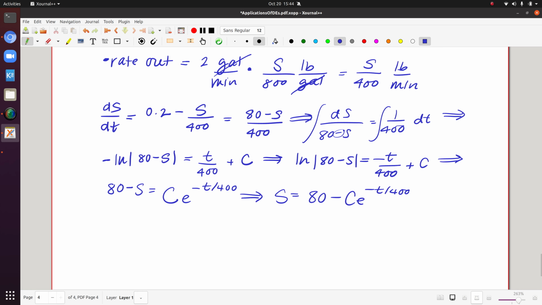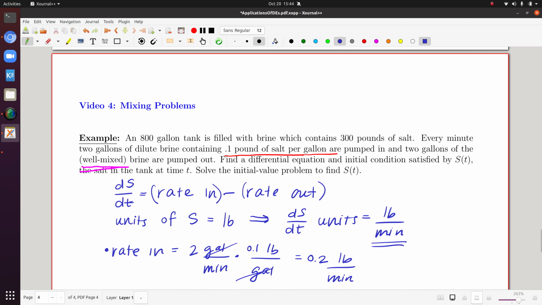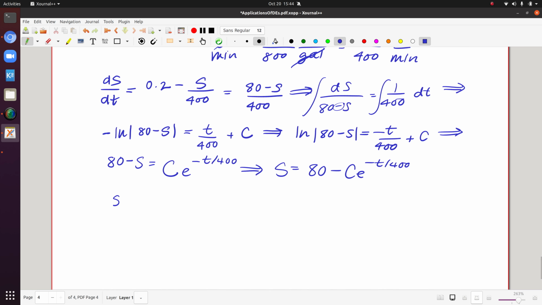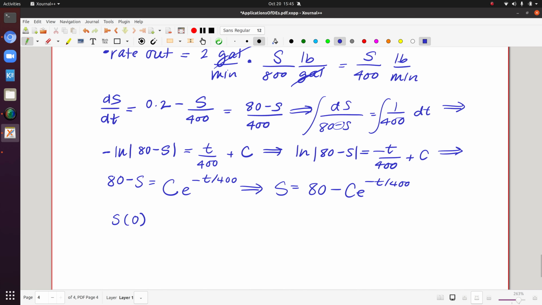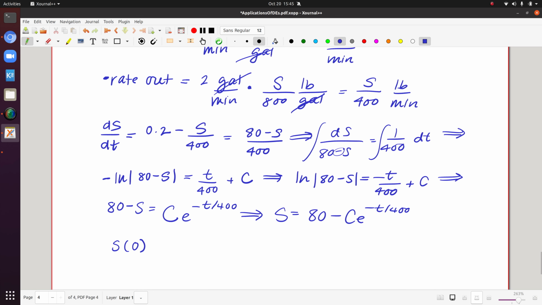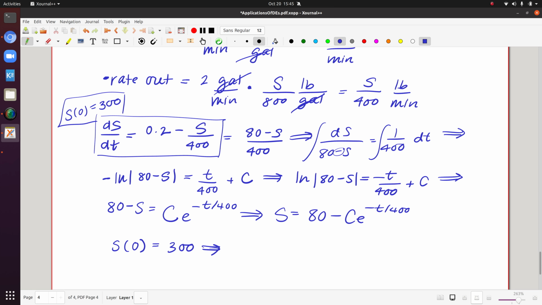So what we can take advantage of is that we're told in the beginning that there are 300 pounds of salt at time 0. Technically, when we're asked to find the initial value problem, I would express the differential equation that we started with here, but I would also include S of 0 equals 300. That would be my initial value problem. And using that to solve it, if I plug in 0 for t in my general solution here, I would get 80 minus c.